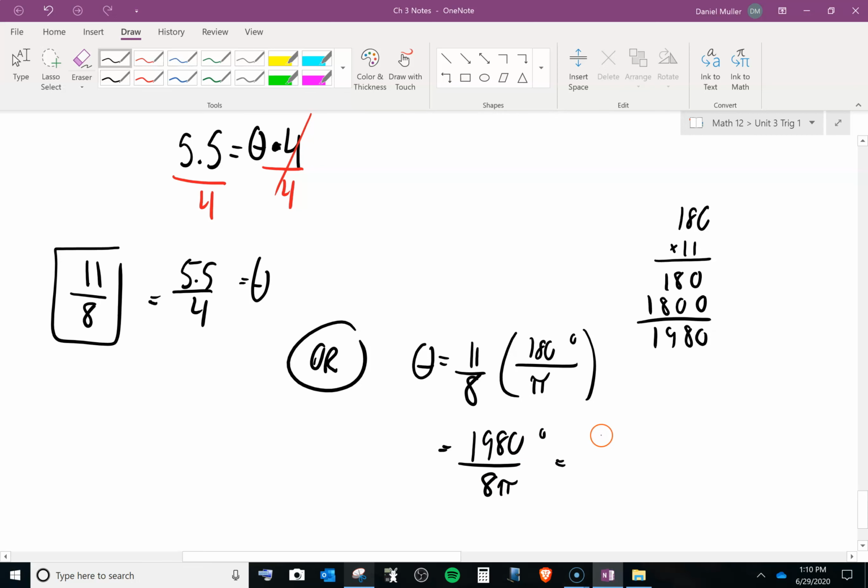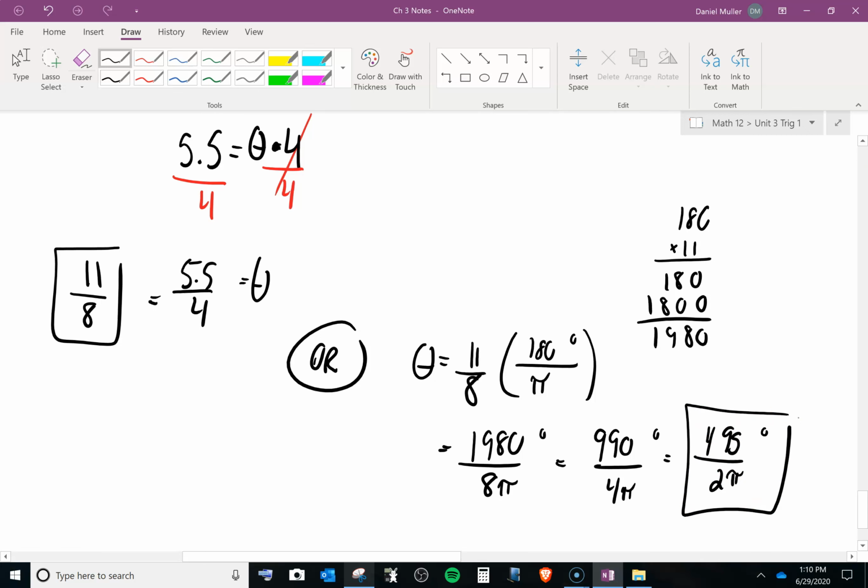Cut in half, so that would be 990 over 4 pi degrees. I just cut the top in half. And I can actually do that again and get 495. Yeah, 495 over 2 pi degrees. And I can't cut that. That's divisible by 5, but not by 2.